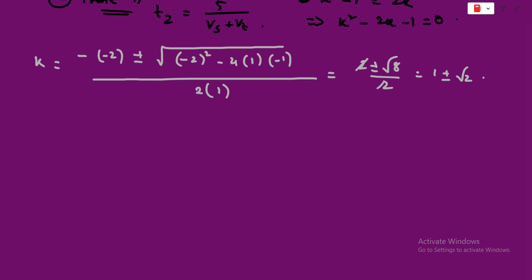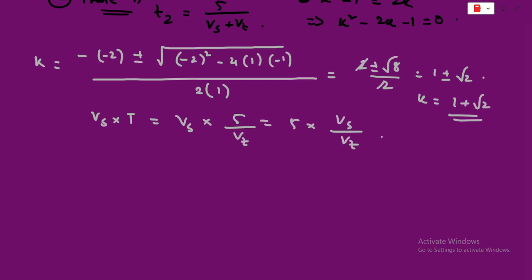Since Steve is not running backward in time, K will be 1 plus root 2. So the distance traveled by the soldier will be Vs into T, that is Vs into 5 by Vt, that is 5 into Vs by Vt, right?